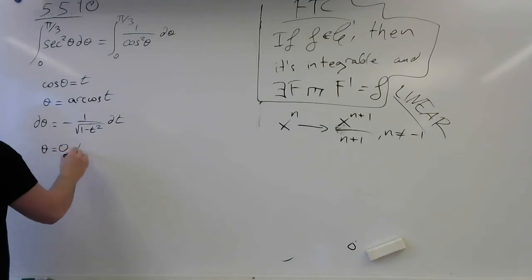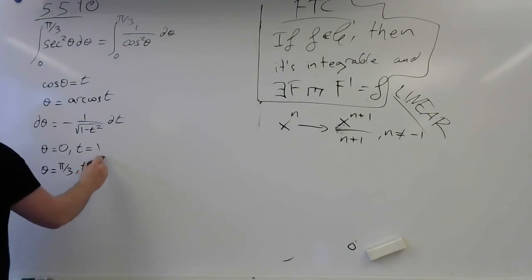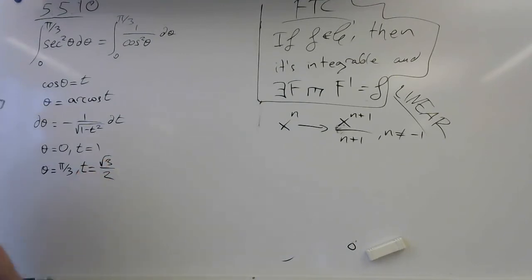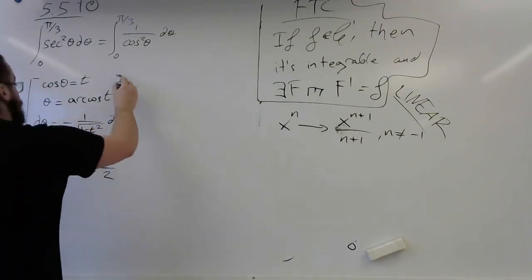If theta equals 0, t equals 1. If theta equals pi thirds, t is square root of 3 over 2. So let's do the substitution and see what it takes us.